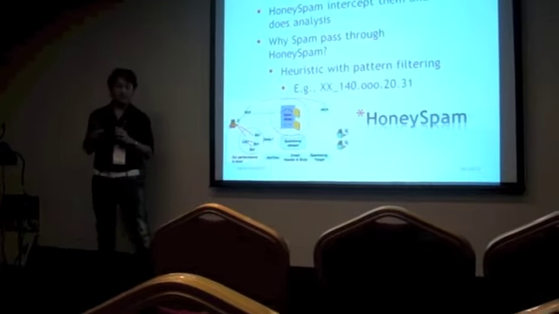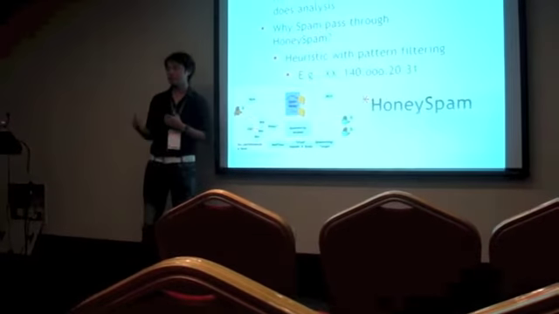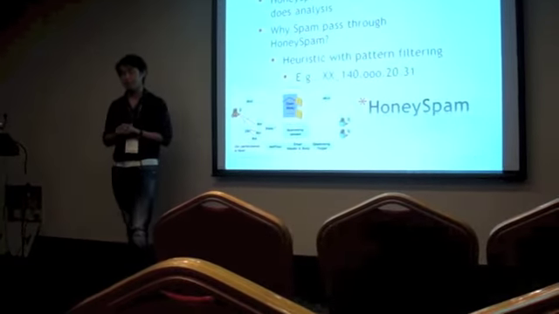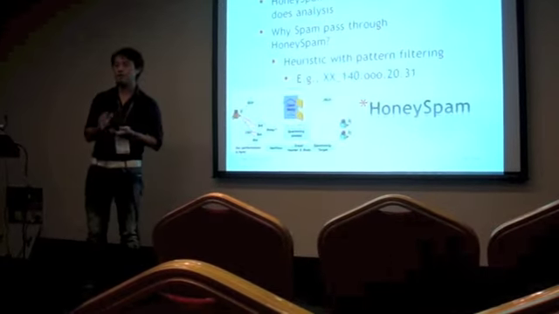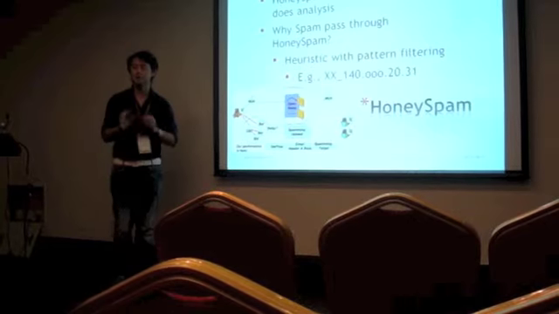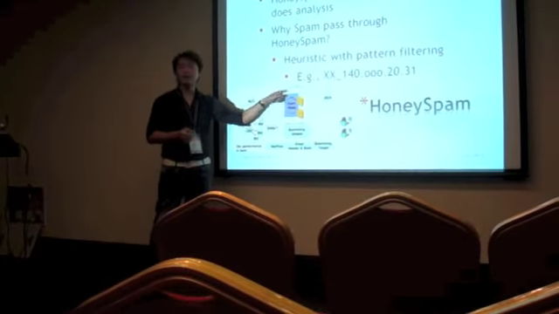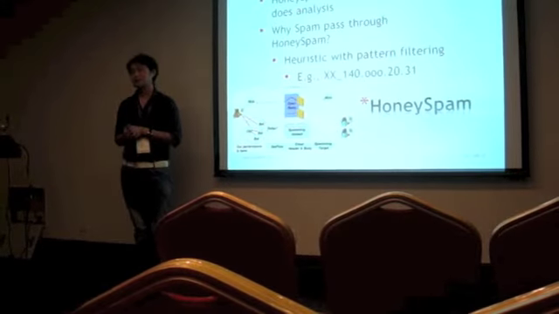Our system performs as an open relay server, but we do some things. For example, we do pattern matching. We want to filter some subjects, like probing emails. What is a probing email? It tests whether this open relay is transparent or not.